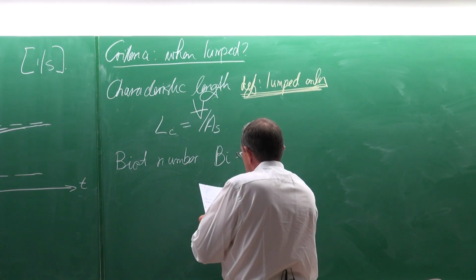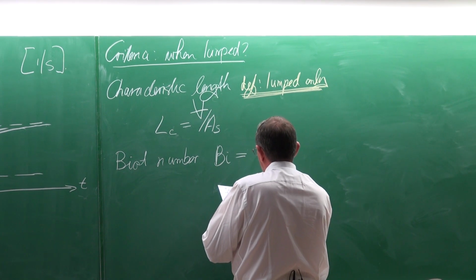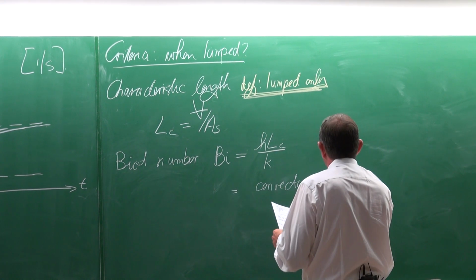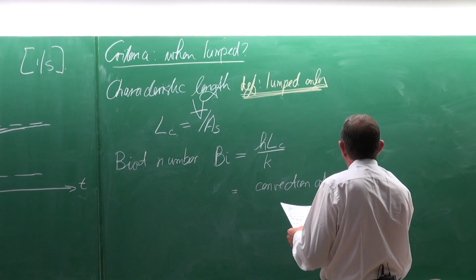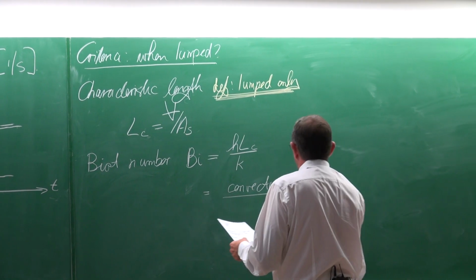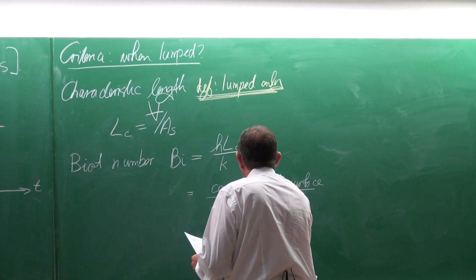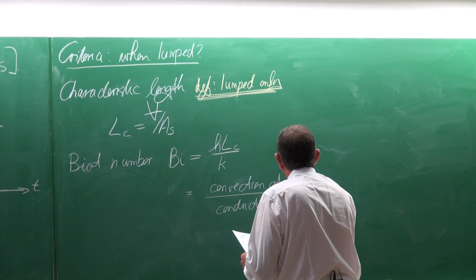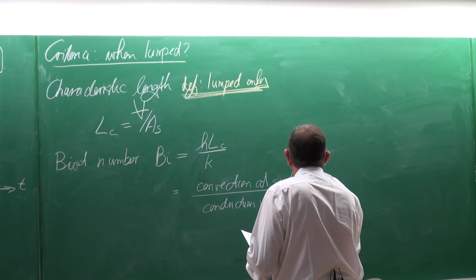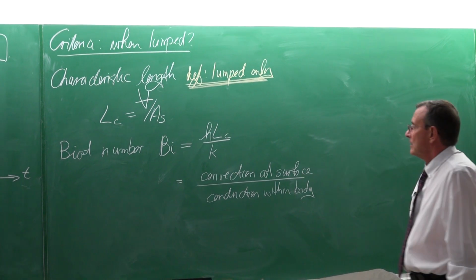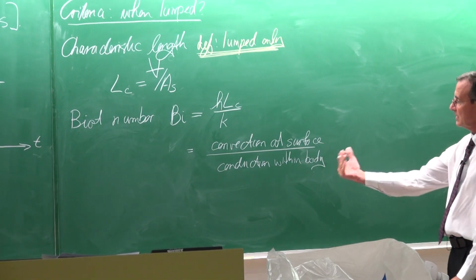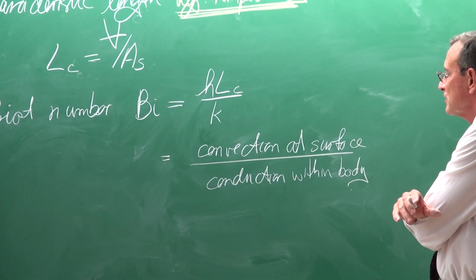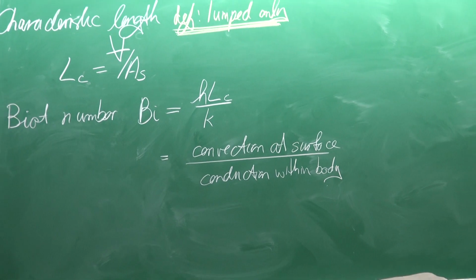It is the ratio of the convection at the surface to the conduction within the body.